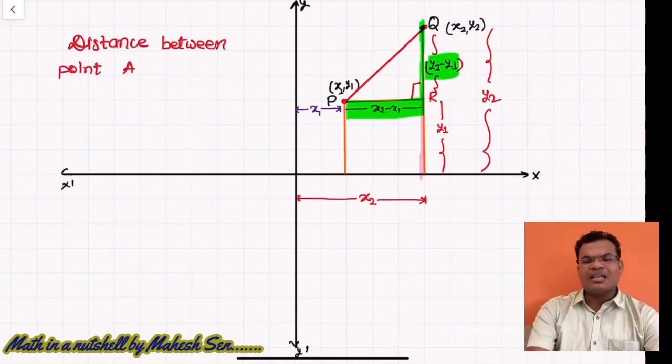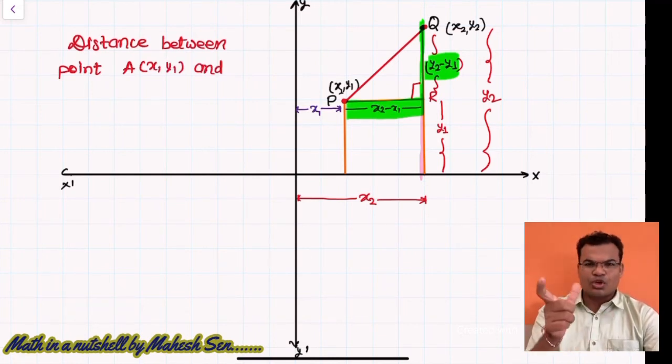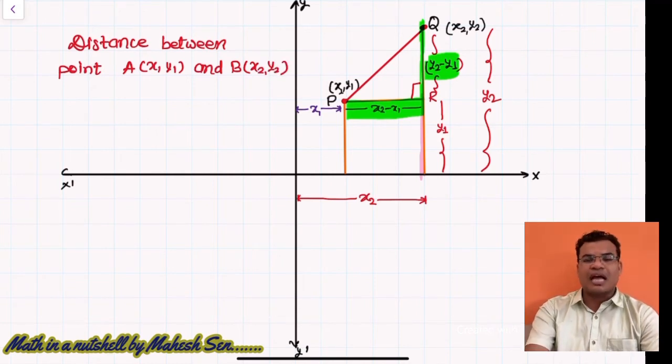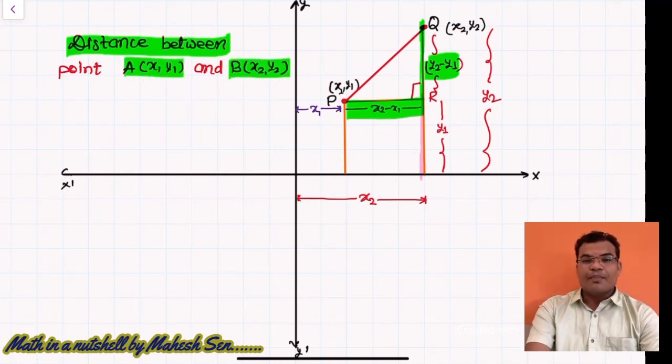So we can apply the Pythagoras theorem to find the distance PQ, the hypotenuse. How do you find the hypotenuse in a right angle triangle? We know that the square of the hypotenuse is equal to base square plus perpendicular square. This is the Pythagoras theorem, and you are familiar with this.